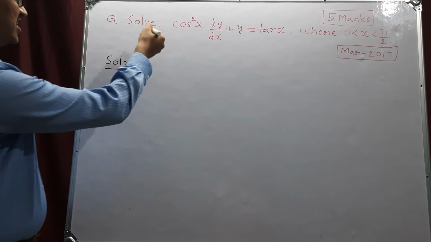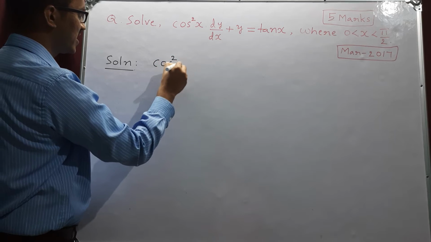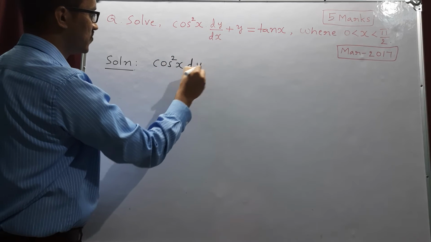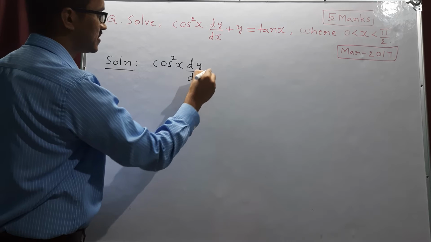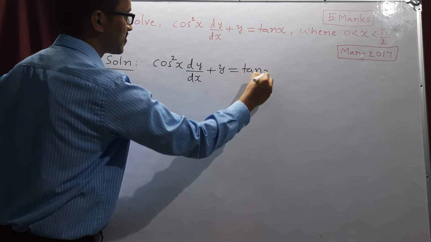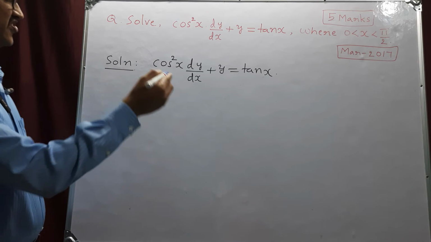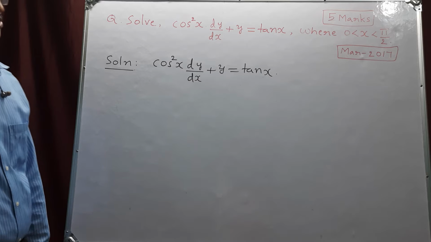So the given differential equation is cos square x into dy by dx plus y is equals to tan x. So let us check whether this is a linear differential equation or not.